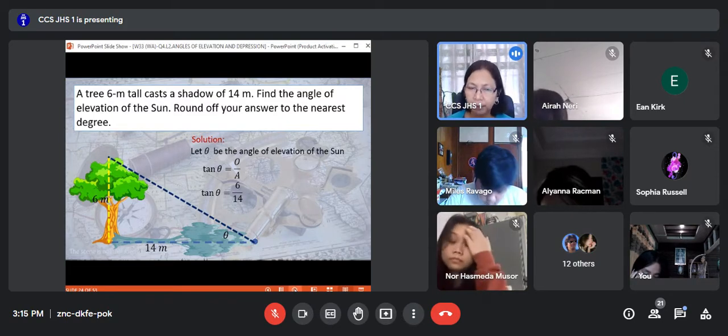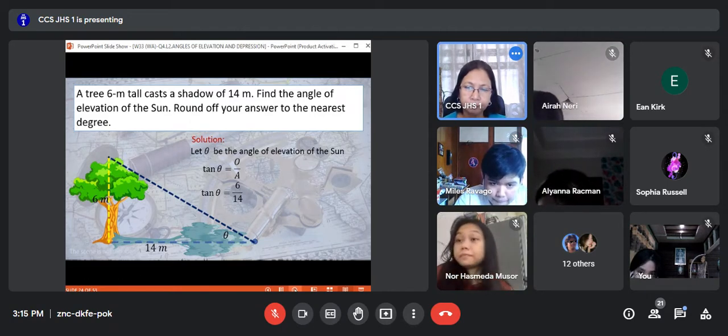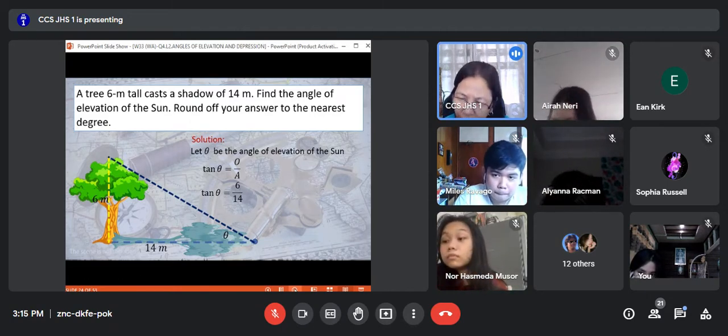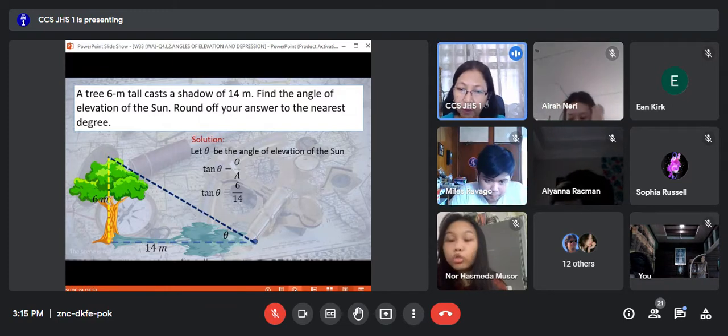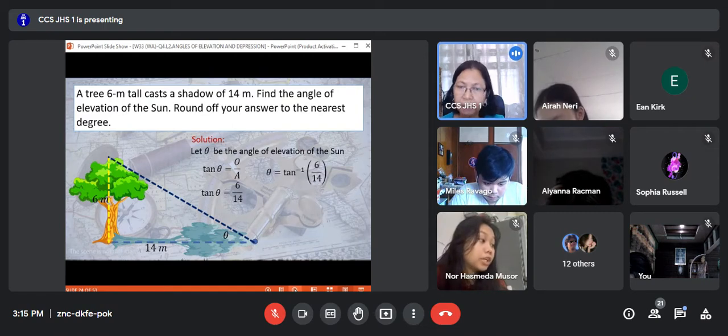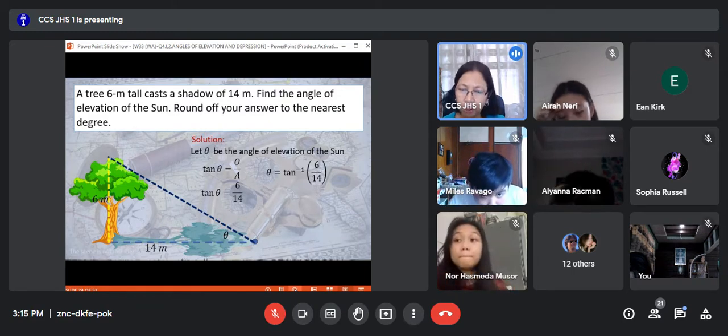So how do we solve for theta? Everybody, solve for theta. How to solve for theta using your calculator? Since theta is unknown, you are going to use the second function or inverse function. So theta is equal to the inverse function, arctangent.